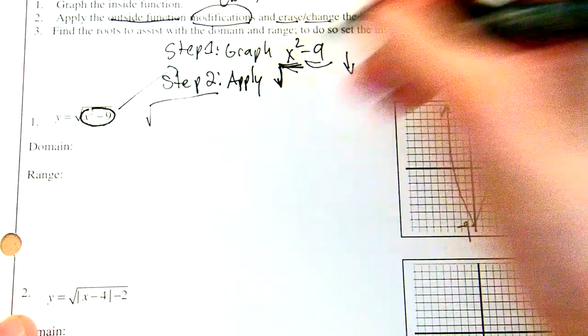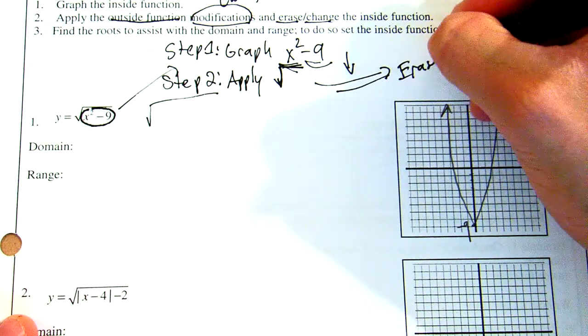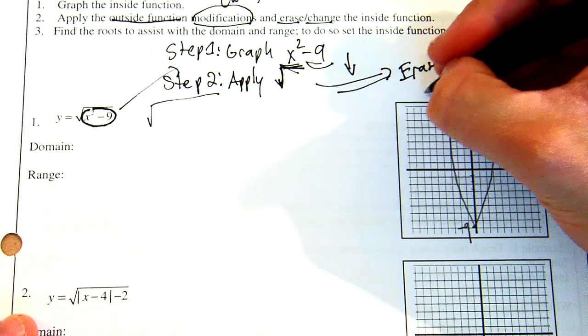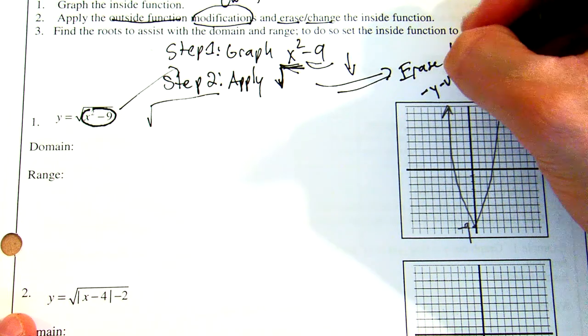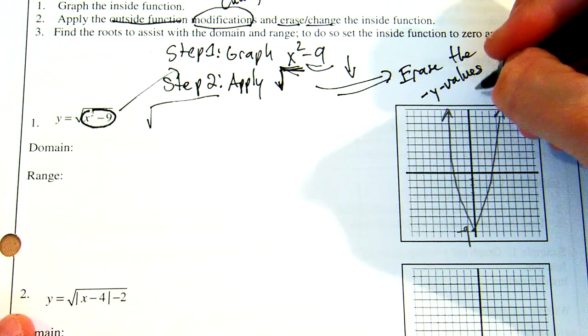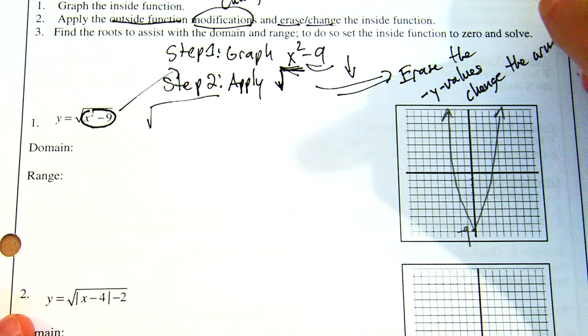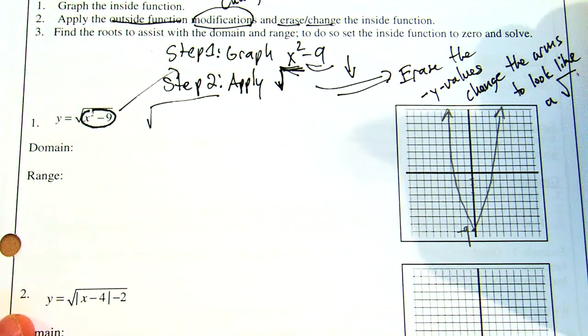And the square root says, when you take a square root, you erase the negative y values, and then you change the arms to look like a square root function. Okay?